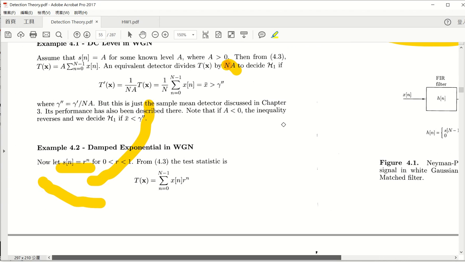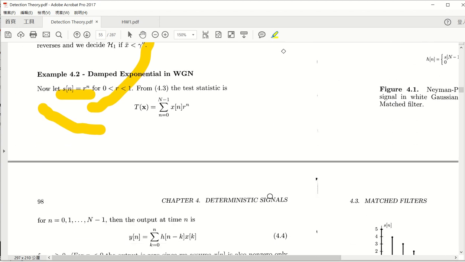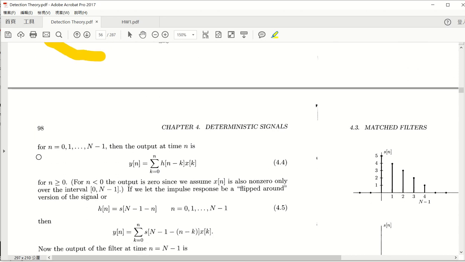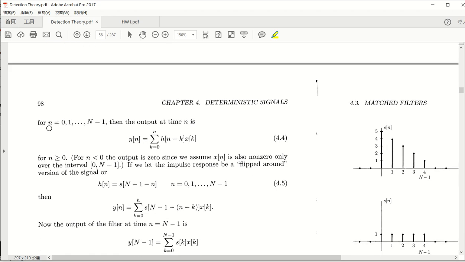Right? Okay. Then we come to page 98. So for this n equal to 0, 1, all the way to n minus 1, the output at time n is like this.